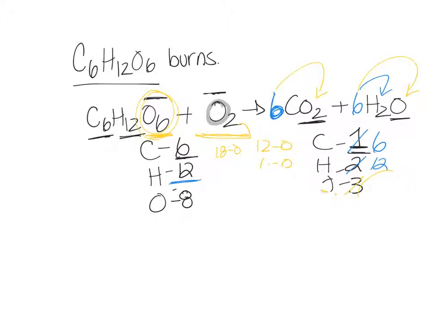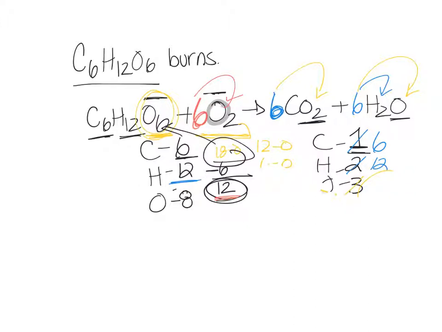So instead, what if I said, okay, I need 18, but hey, I have 6 here already. So let's subtract the 6. So that gives me 12. So now I really only need 12 extra oxygens. So the magic number that I should be putting in front of here is 6, because 6 times 2 is going to give me the 12 that goes there.